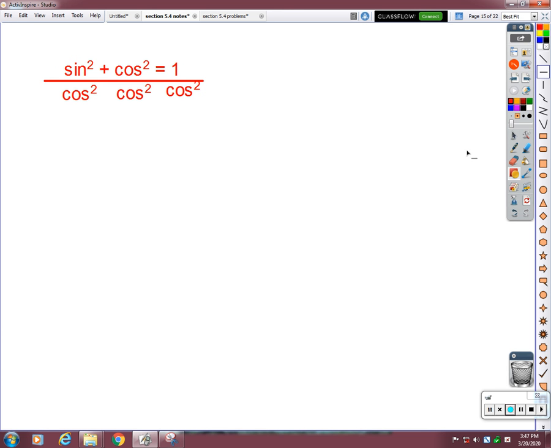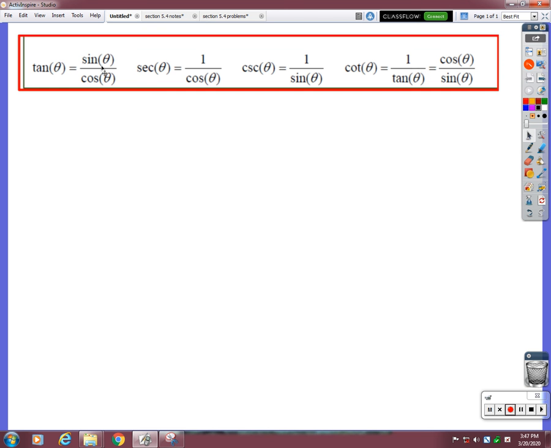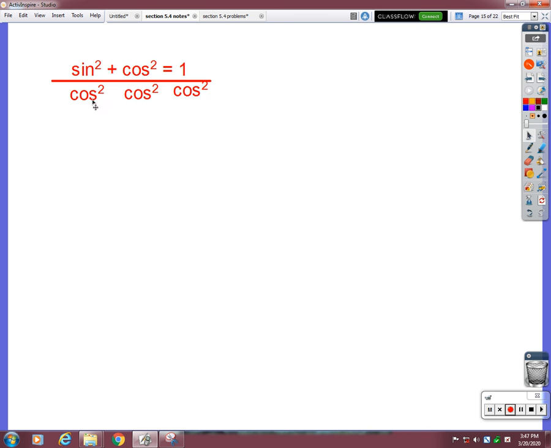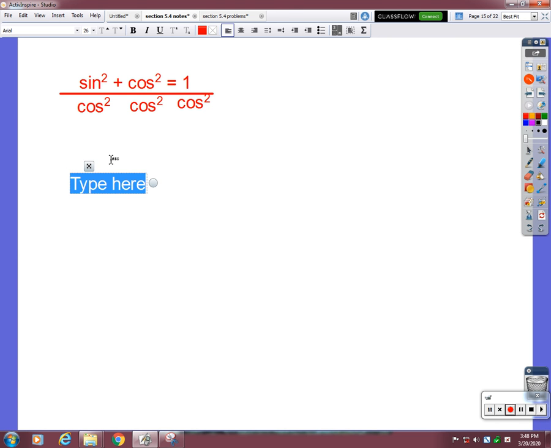Sine squared divided by cosine squared: going back to my identities, sine divided by cosine is tangent, so that is tangent squared, plus cosine squared divided by cosine squared is obviously just 1.